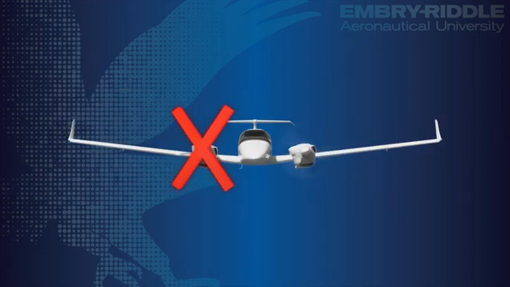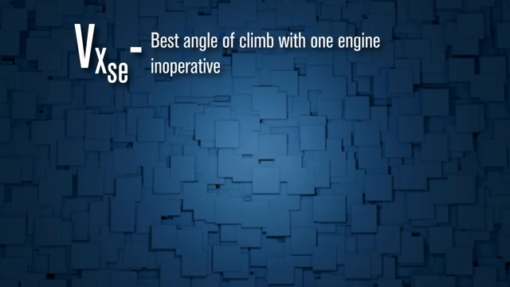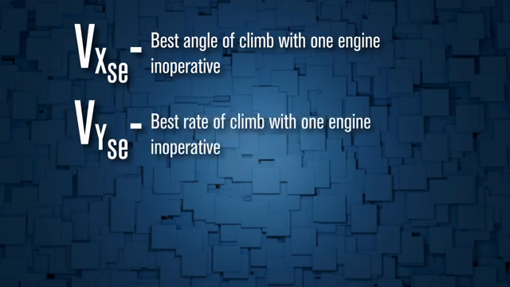Let's begin by briefly discussing a few one-engine inoperative terms and principles. VXSE, best angle of climb with one engine inoperative. VYSE, best rate of climb with one engine inoperative.